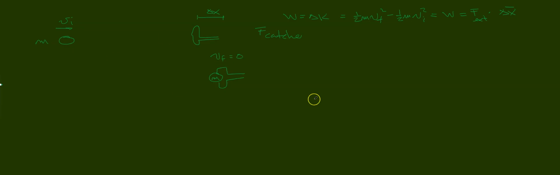But if you do this from the point of view of the impulse-change of momentum, then this will be mass times velocity final minus mass times velocity initial, with the same force as before, but now times the time. And this equation will tell you, using the same force, over what time interval the ball was stopped.